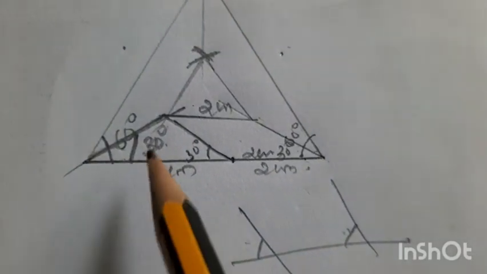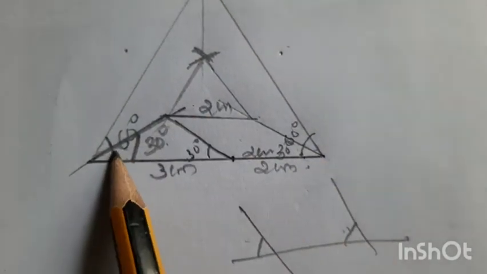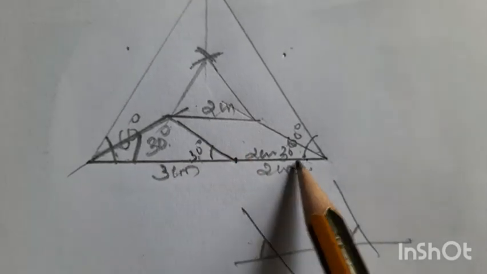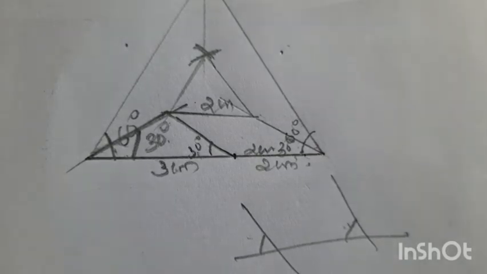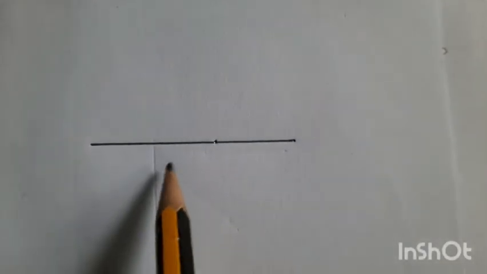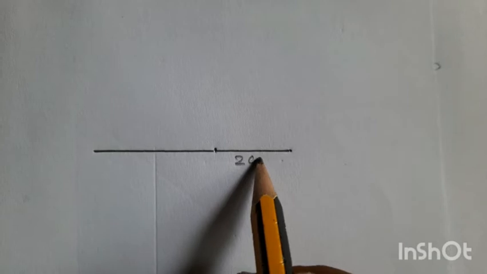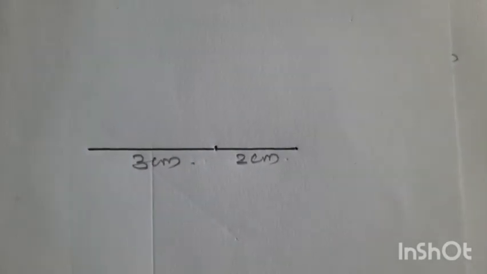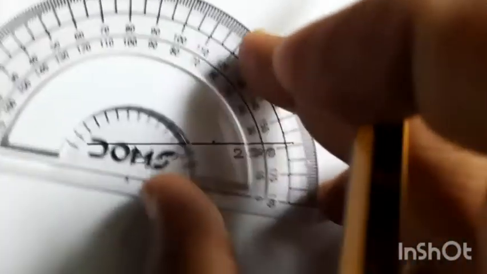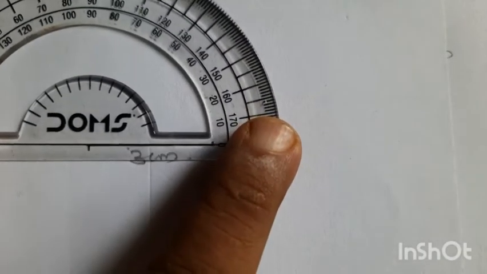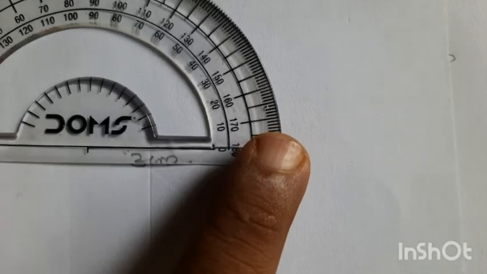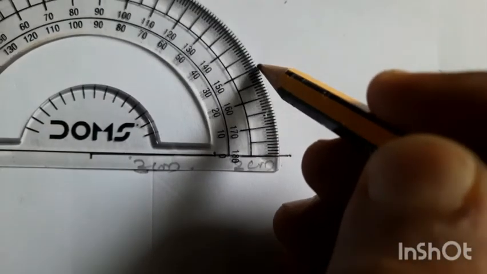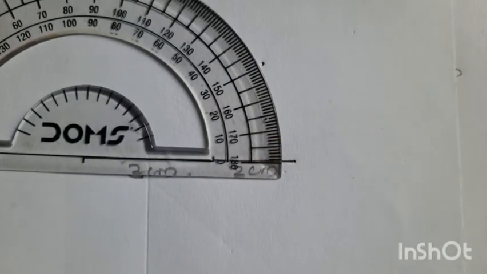So first we are drawing this isosceles triangle with 30 degree, 2 centimeter, 2 centimeter and 3 centimeter. Here also 30 degree. Draw a line of 5 centimeter and we are cutting it into 2 centimeter and 3 centimeter. And from one end we are drawing a 30 degree angle first. 30 angle.